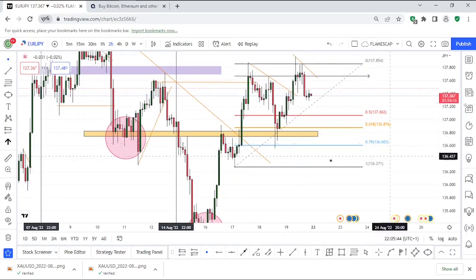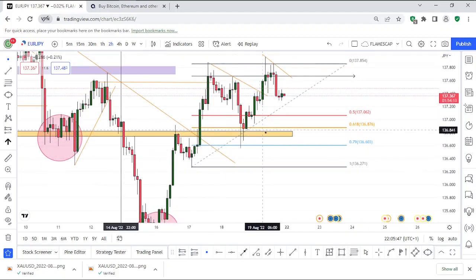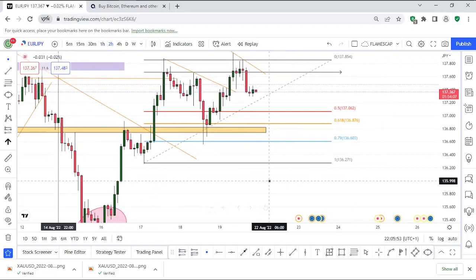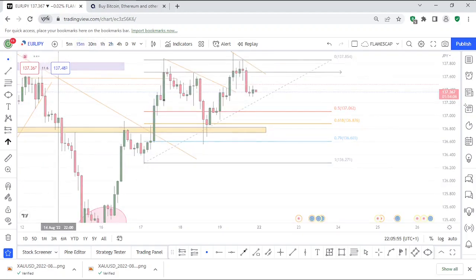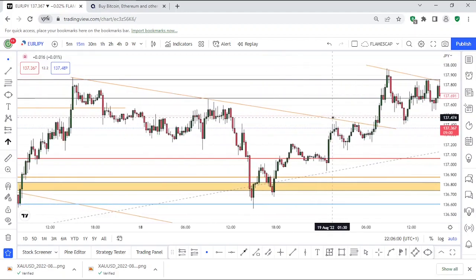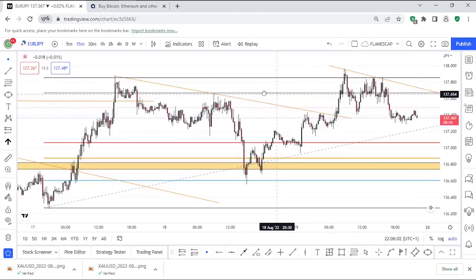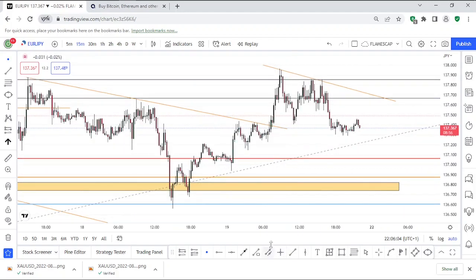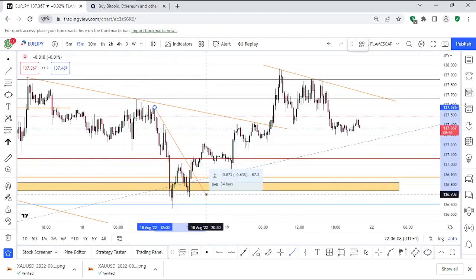So with these two criteria, this resistance now turned support and my Fibonacci retracement zone, the market moving into my Fibonacci retracement, what I did was scale down to the 15 minutes time frame, plot my counter trend line, and also plot the inner counter trend line.